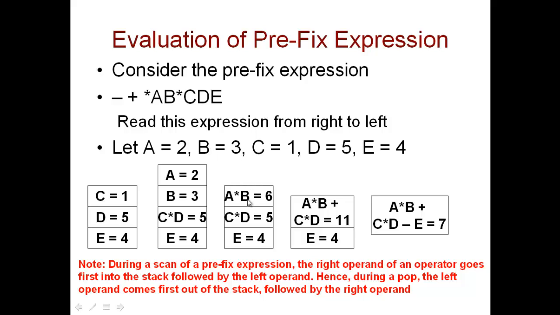The first pop is the left operand A star B, plus C star D. Push the result back to the stack. So minus, again an operator, so pop the stack twice. So this is the left operand minus the right operand, and push the result back to the stack. And then you're done with scanning the expression, so pop the stack finally once, and that's the value of the expression.